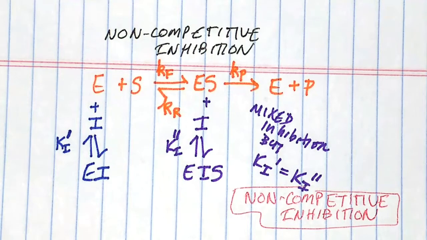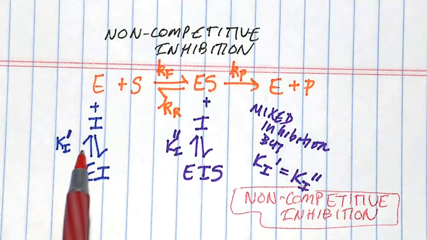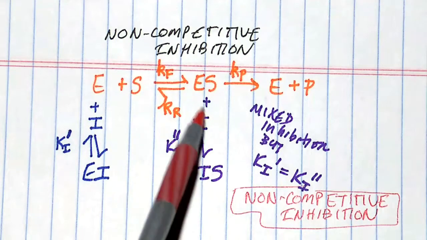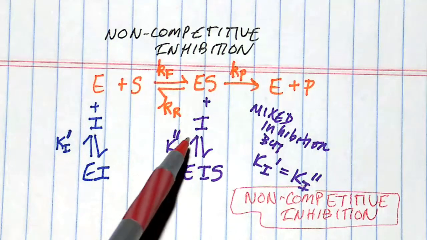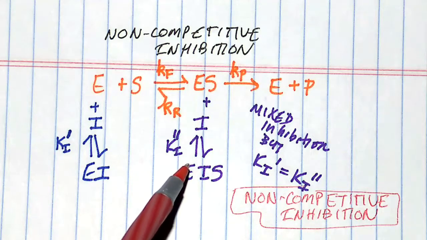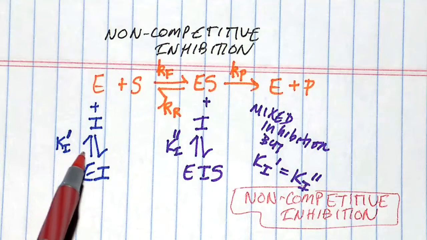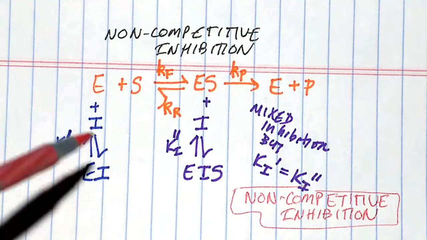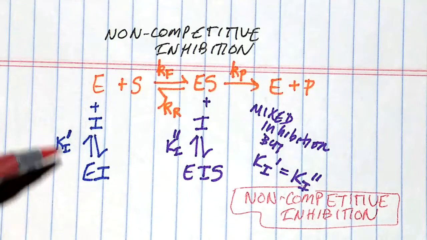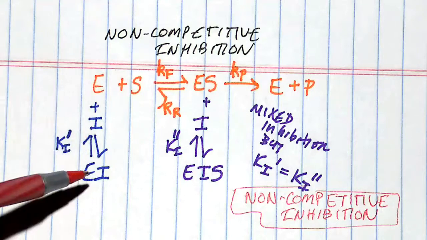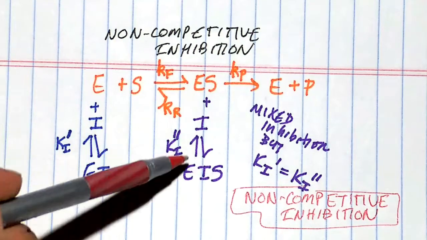All right. So if the dissociation constant Ki prime is greater than Ki double prime, then it has more uncompetitive inhibitor characteristics. If Ki double prime is greater than Ki prime, that means that the competitive inhibitor quality begins to outshine the uncompetitive inhibitor quality.